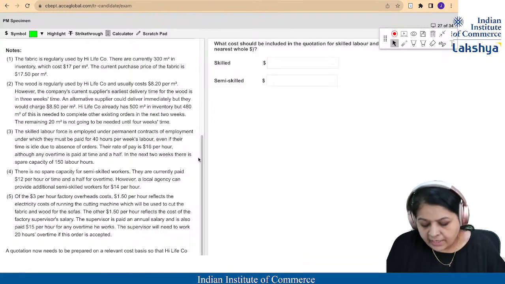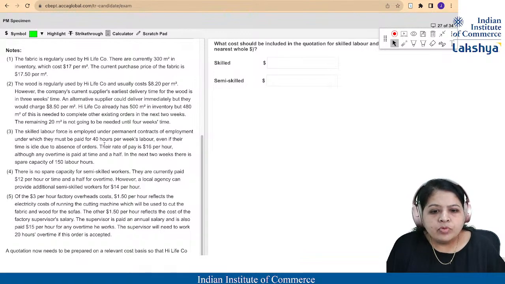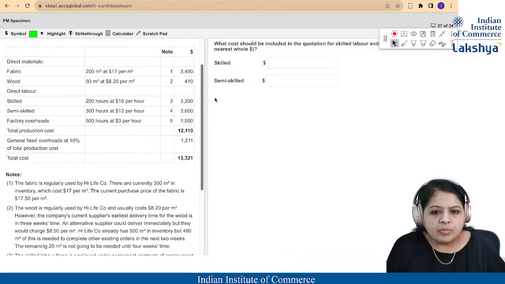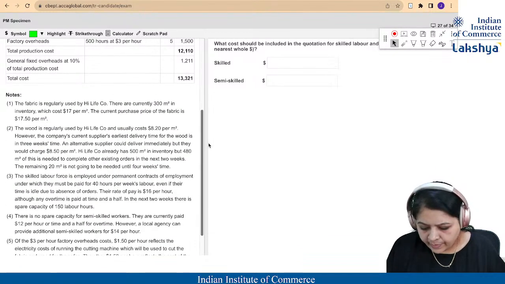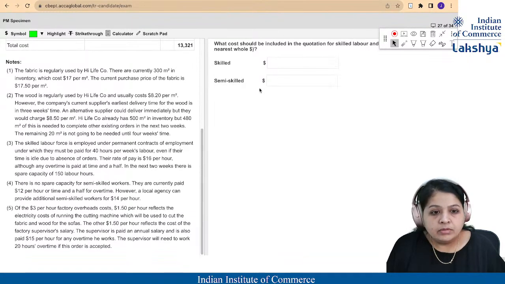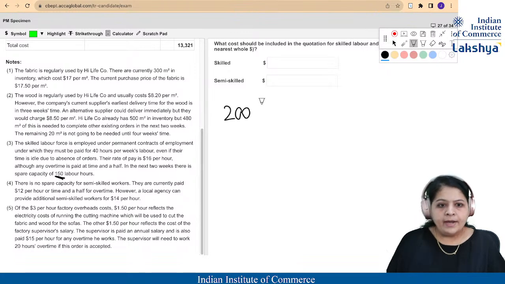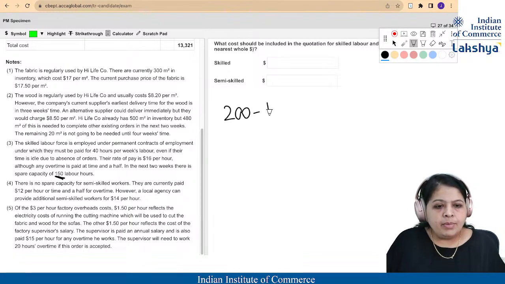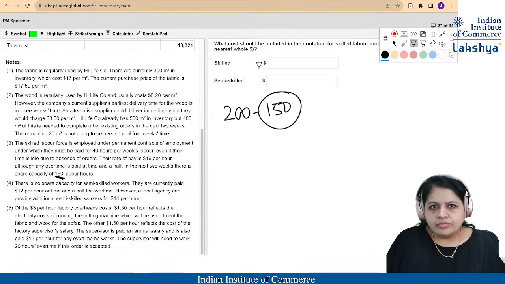So for the skilled labor's value, the skilled labor force is employed at 40 hours, the rate is 16. Overtime is paid at time and a half. In the next 2 weeks, they will have a spare capacity of 150 hours. The company needs 200 hours, so that spare capacity they are going to utilize, and the rest is going to be paid at one and a half. 200 is the total required of skilled laborers minus 150, which the company already has, so that is not to be charged.